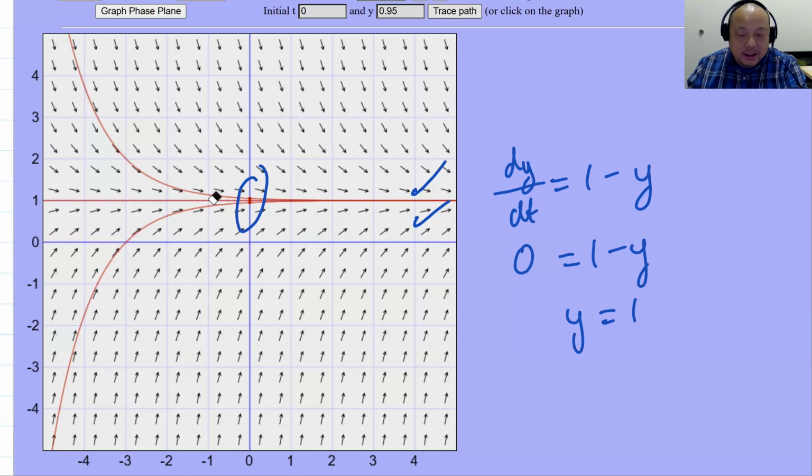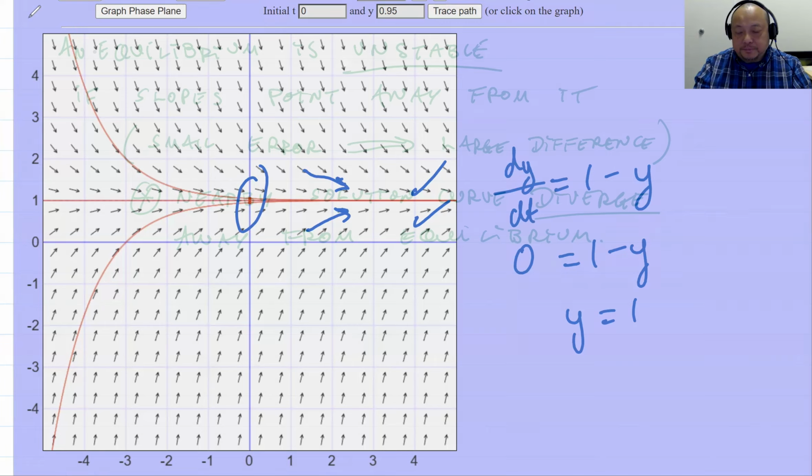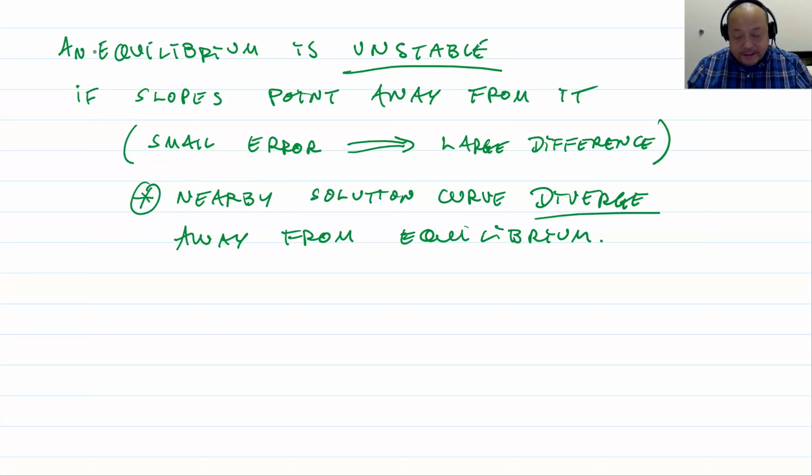How did this work? This works because all the slopes are pointing toward the equilibrium solution. And that makes this a stable solution or a stable equilibrium. Let's write it down.